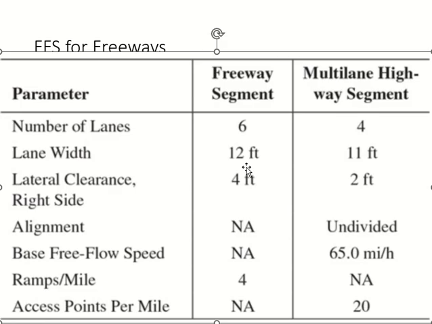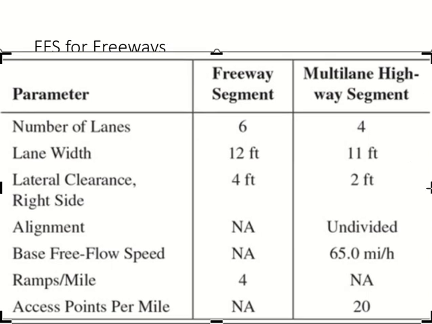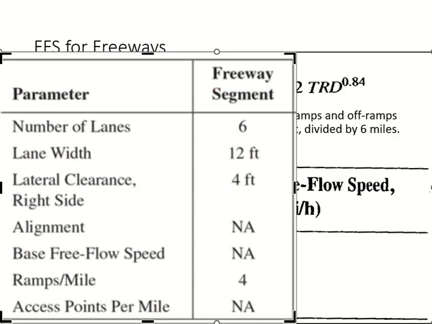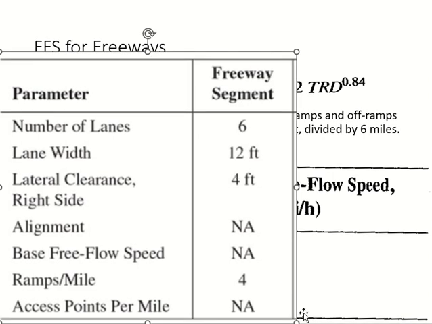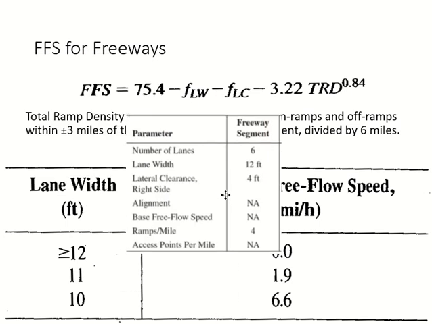This is the equation for calculating the free flow speed of a freeway, and this is the data for the freeway. The 6 lane, 12 feet lane width, right side lateral clearance 4 feet. What else? There are 4 ramps per mile.